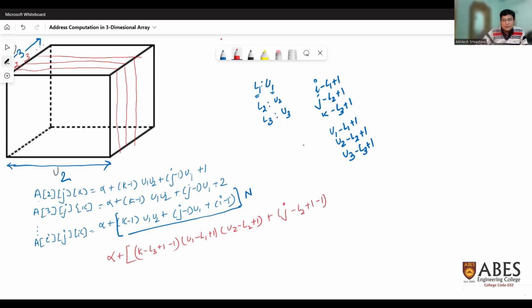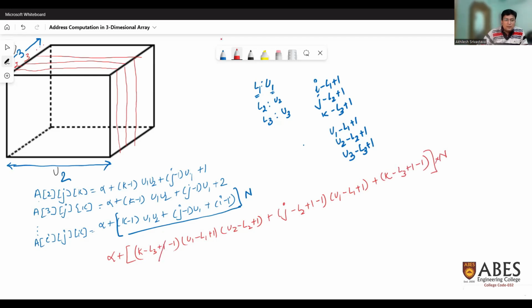Minus 1 is already there. The dimension which will be multiplied is the first one, so U1 minus L1 plus 1. And then for the third dimension, we have k minus L3 plus 1, and minus 1 is already there. The entire quantity other than alpha will be multiplied with the number of bytes an element takes in memory.